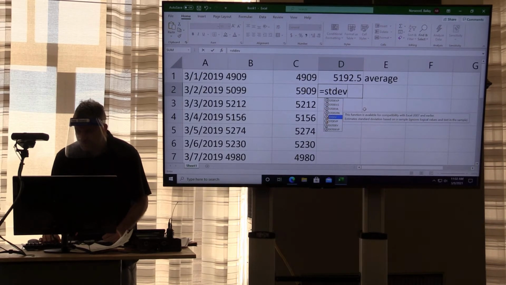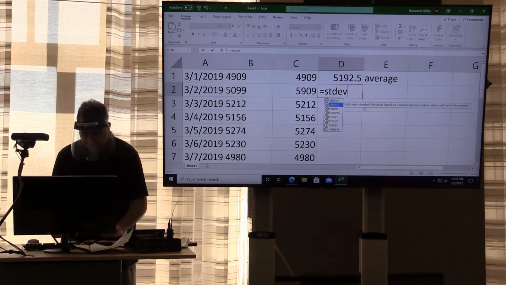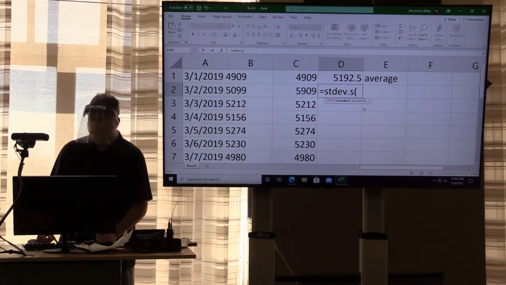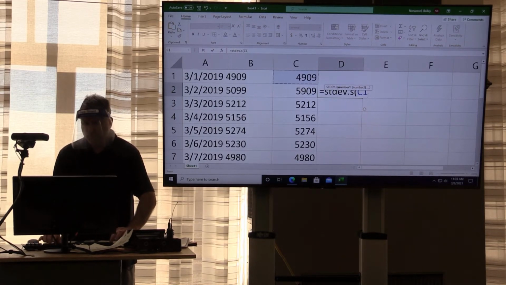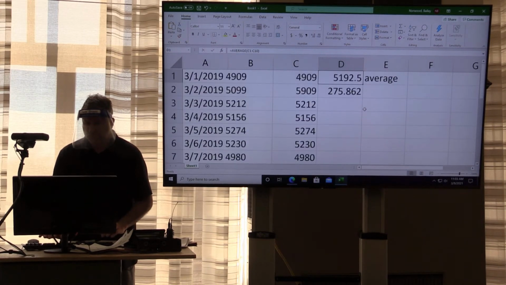You can just use the sample one because what we have is a sample, not a population. So we're using STDEV.S. That's the one that's going to divide by n minus 1, not n. .862.